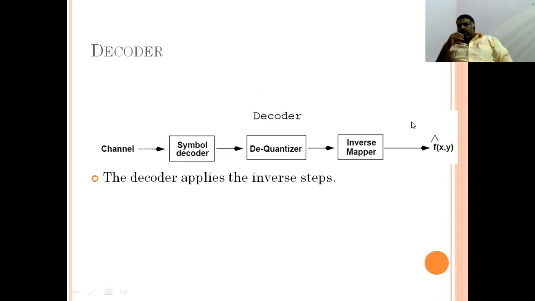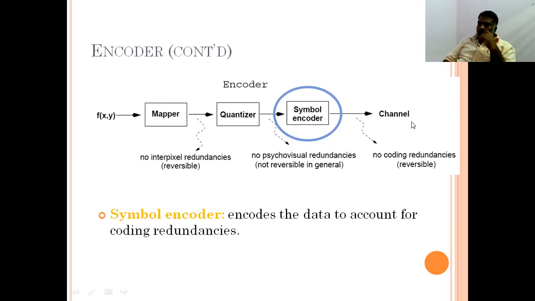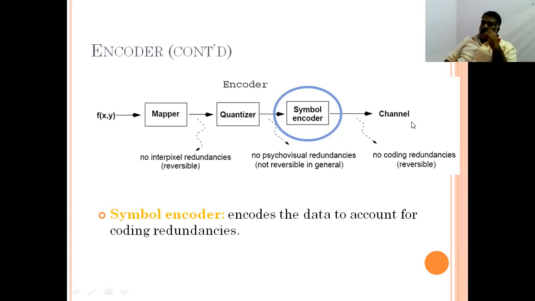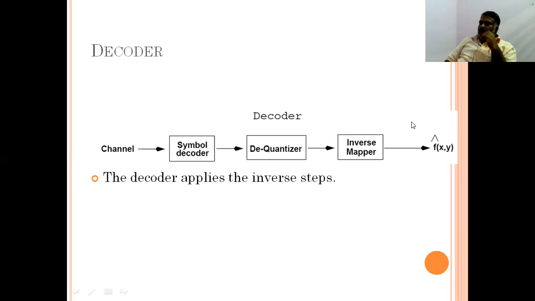On the decoder side, you can see the symbol decoder that is used to substitute the coding redundancy. The dequantizer is used to substitute the psycho-visual redundancy. Then the inverse mapper is used to handle the interpixel redundancy.